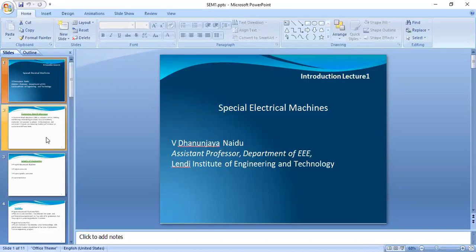But conventional machines are bulk energy conversion machines, where we require large power and high speed applications. For example, synchronous motors and induction motors are high speed motors.